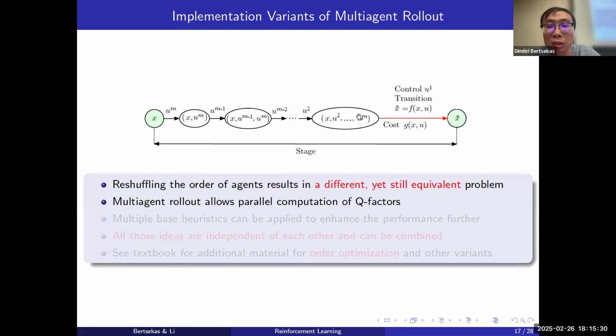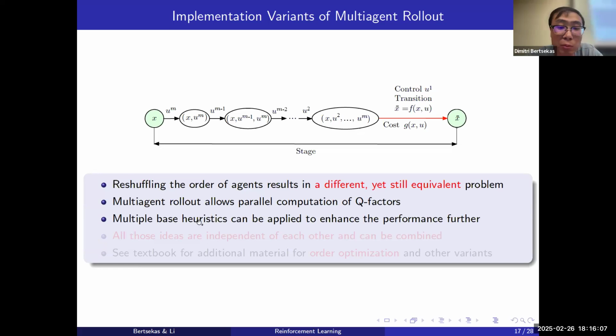As a result, suppose we have M equal to 10. If you compute control for each agent one at a time, you need to solve 10 Q factor minimization problems. But given that you have packed 2 components together, now you need to solve 5 minimization problems sequentially. So that's a way to reduce the computation time.